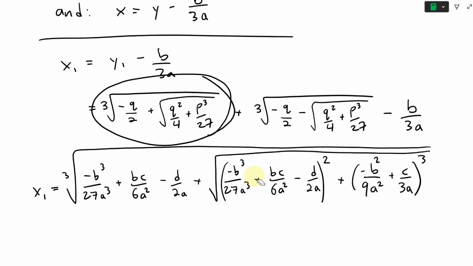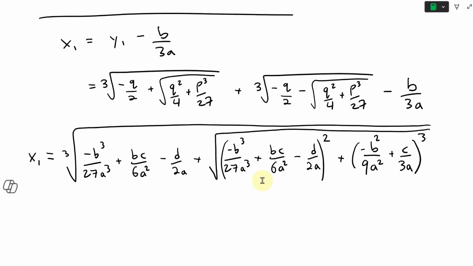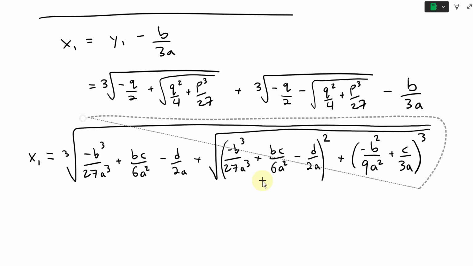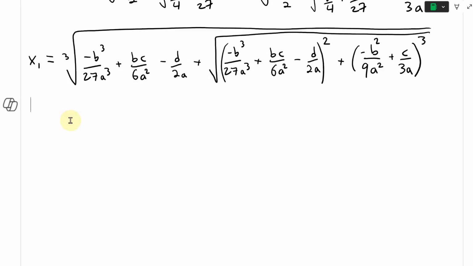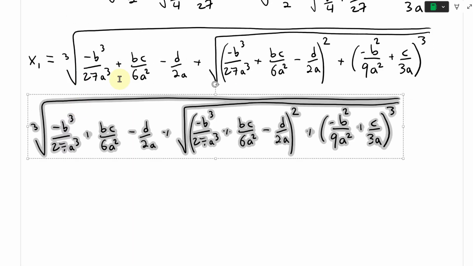Now we have to do the exact same thing. Notice there's the plus right here. So this one's a plus, and now becomes a minus. So that's a plus, then a minus. The next one we're going to have to do is a minus, because this is in front of the square root right there. And also we need to account for this negative b over 3a. So copy this. And again, I think it's the fourth time I had to redo this last section, putting it together, because I kept making mistakes.